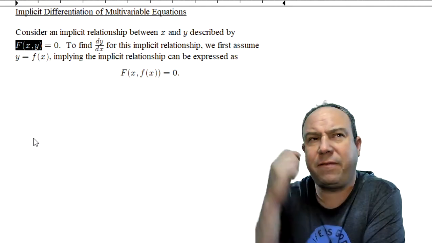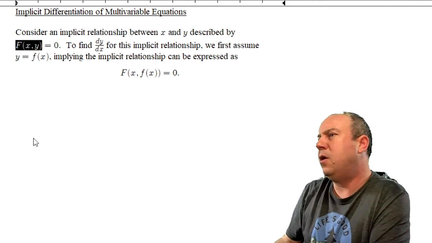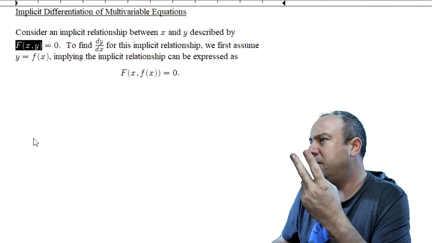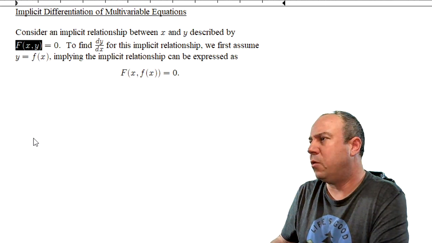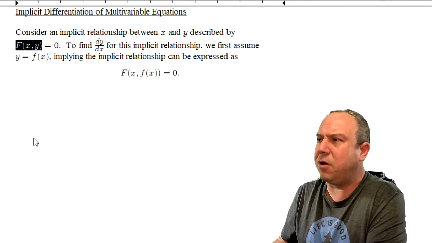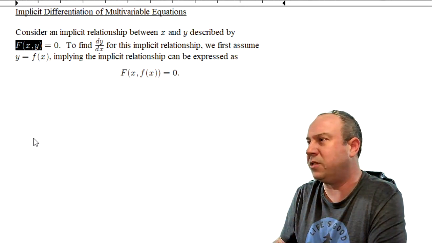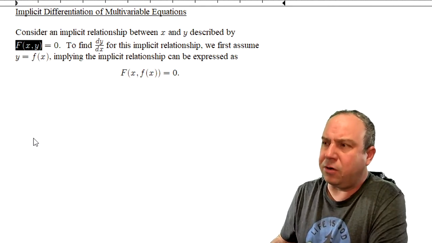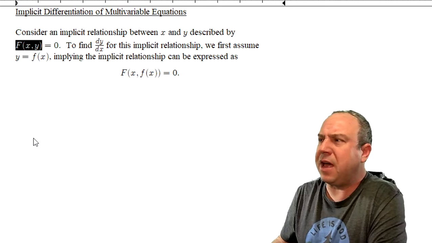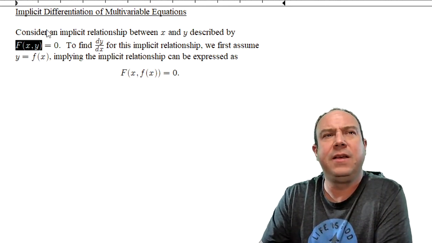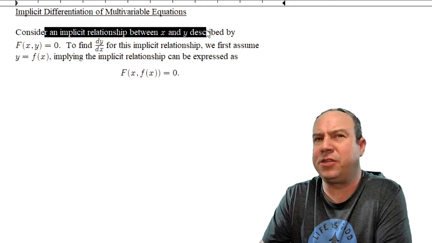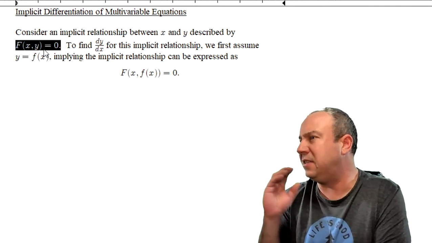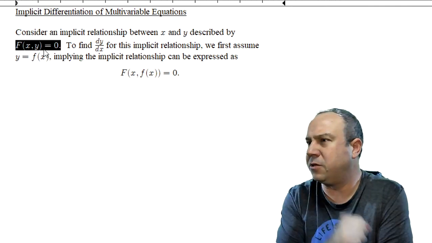Big F of x comma y set equal to 0 would be an equation involving two variables, x and y, and that equation would represent a level curve for that higher dimensional surface, big F of x comma y. So we're considering an implicit relationship between x and y described by this level curve.